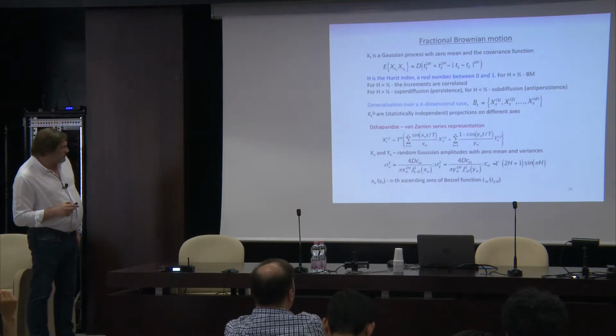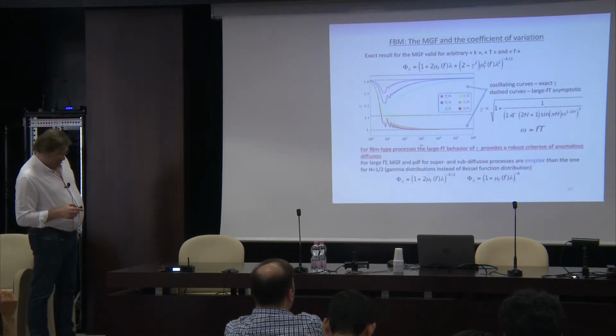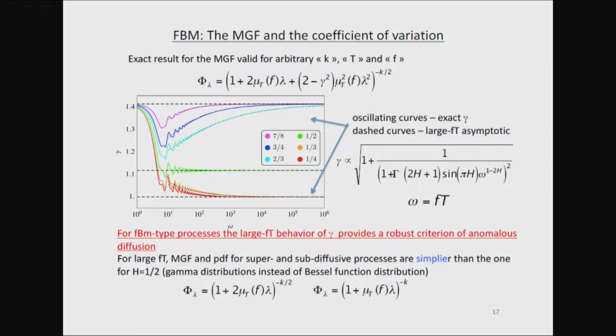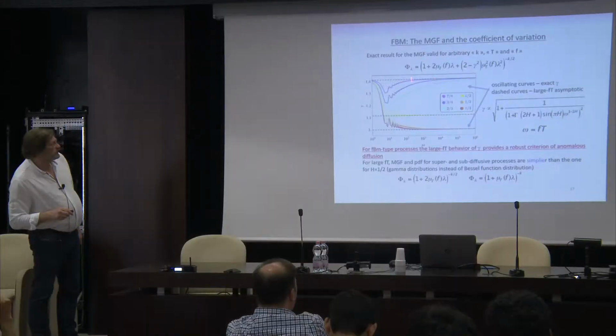Here you see, now we plot several results for coefficient of variation as the function of omega, which is product of frequency times t. Oscillating curves are exact mathematical results corresponding to different values of h. Dashed lines go in here.